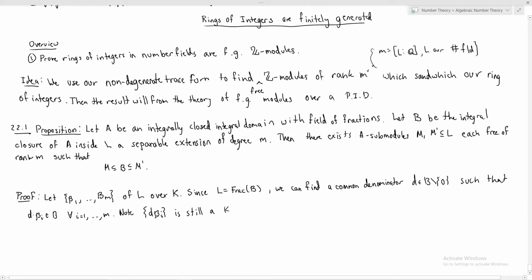We're going to let M be the submodule generated by these. Without loss of generality, we could assume that our beta i were in B to begin with.